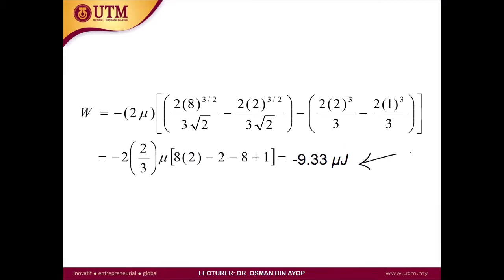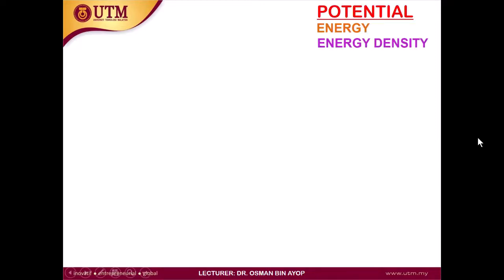So our energy is minus 9.33 microjoule. We have found the energy when we take a parabolic road.